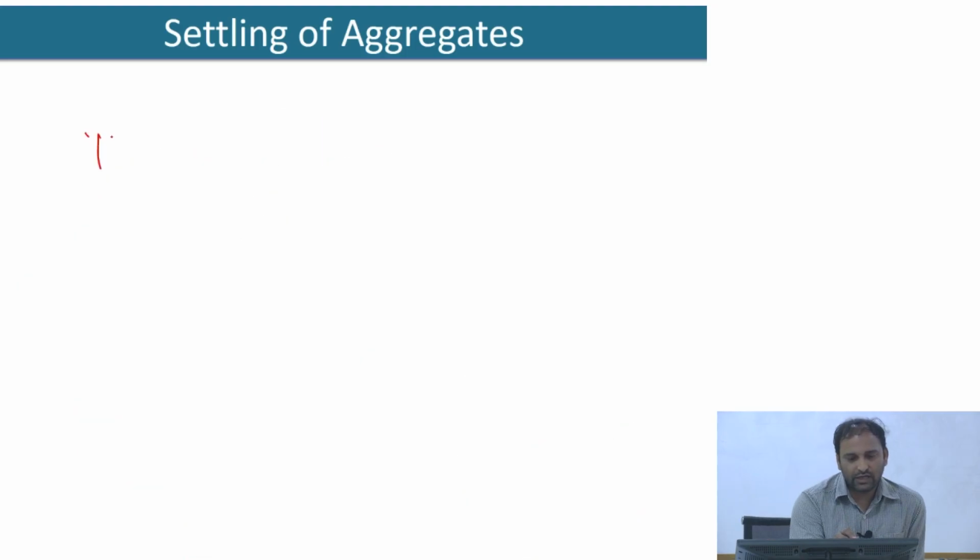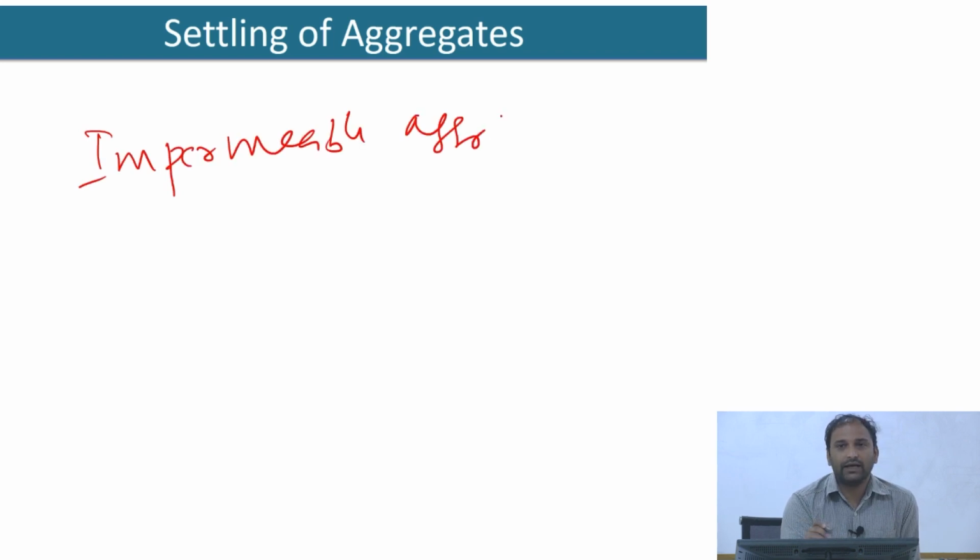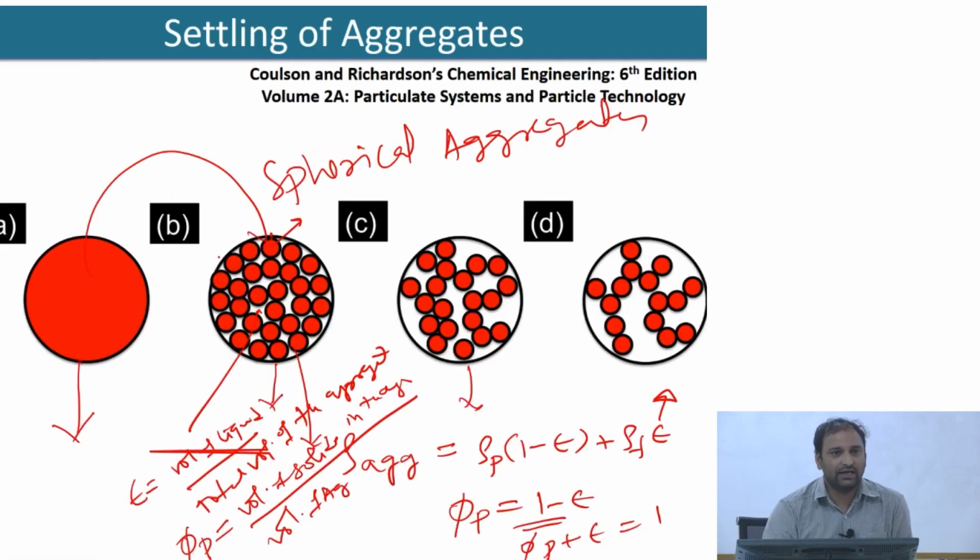impermeable aggregate, so there is no exchange of fluid between the aggregate and the fluid. What that means is that if I go back to this case and assume that the aggregates are impermeable, I don't have to worry about fractal dimensions and so on, because A_P is a projected area.